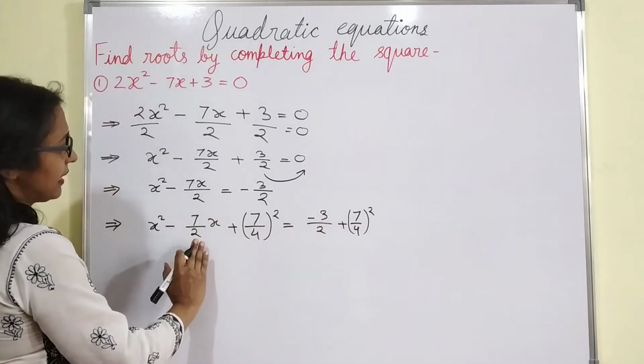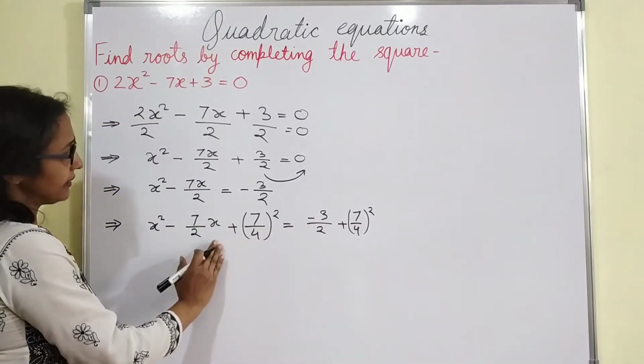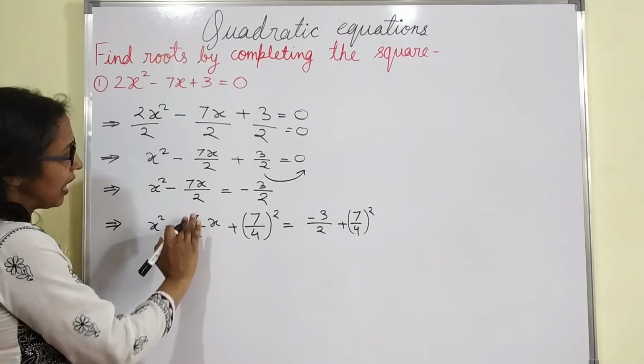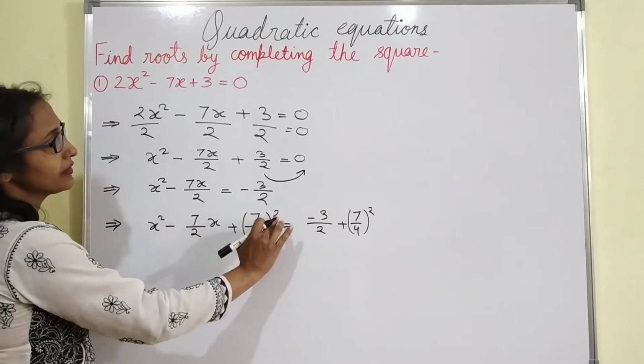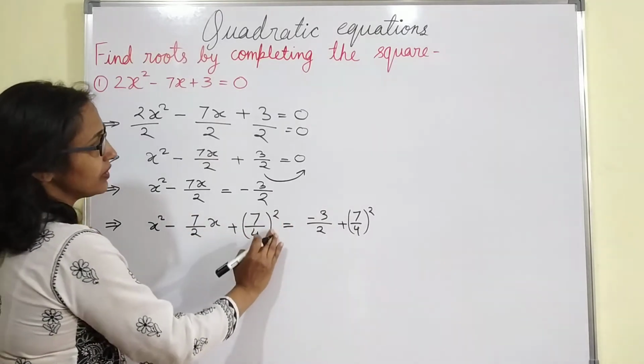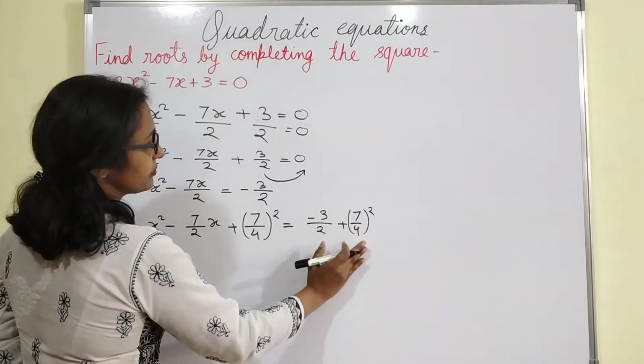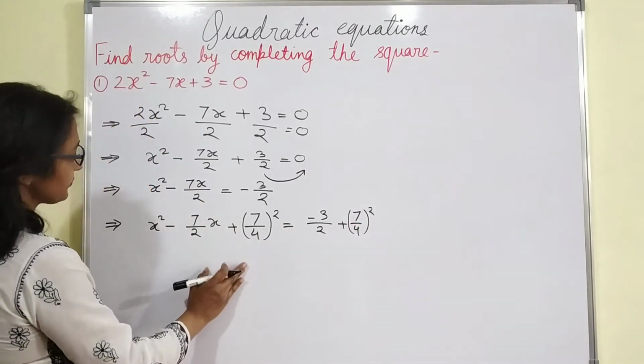Like this: adding 7 upon 2, half is 7 upon 4, square. Adding half of the square on both sides.